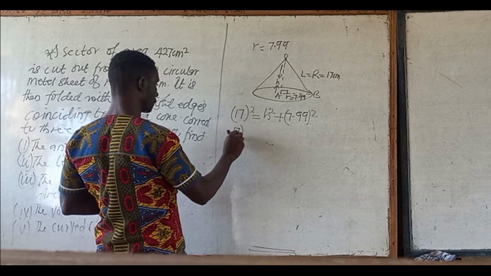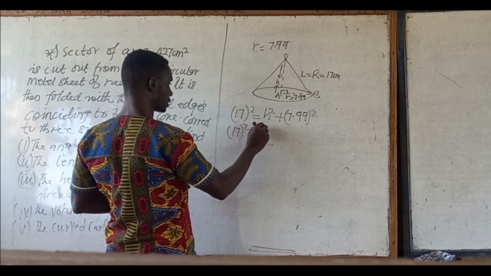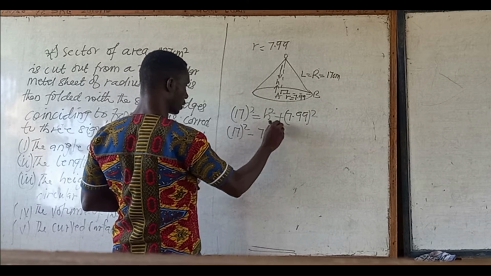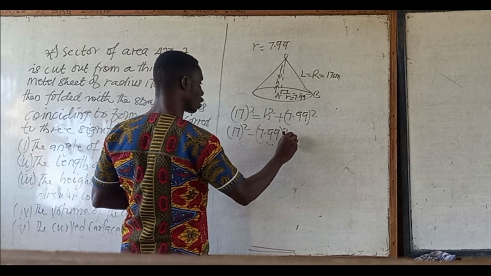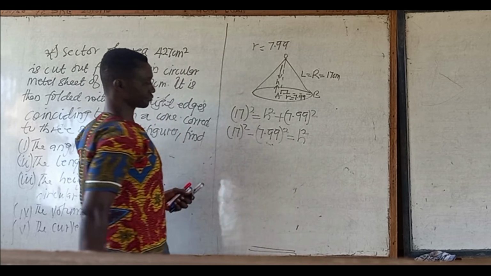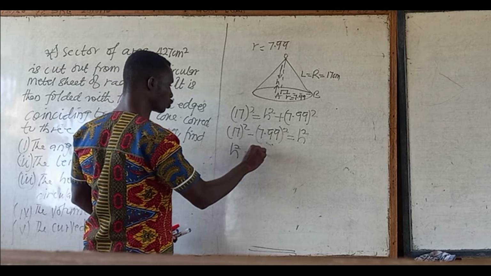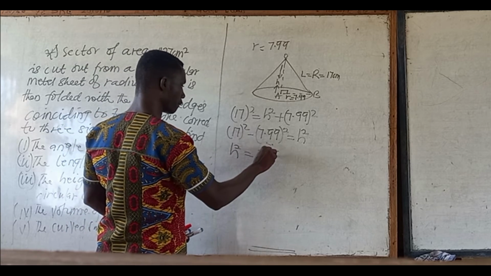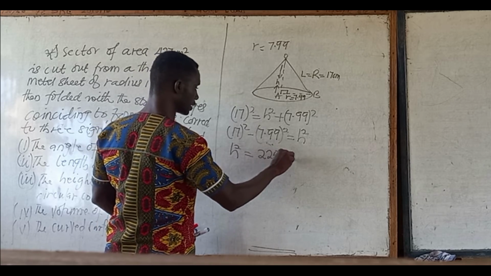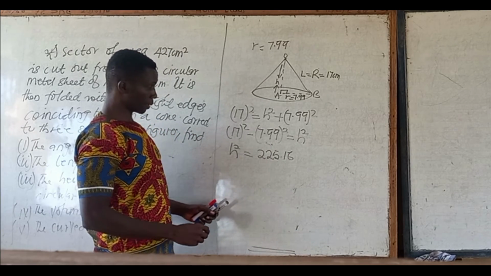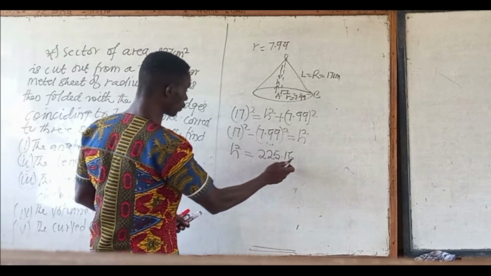So H squared is 17 squared minus 7.99 squared, which is equal to 225.16.